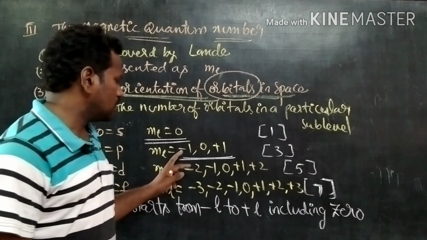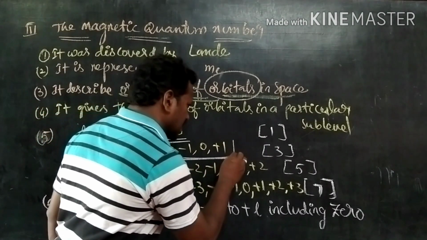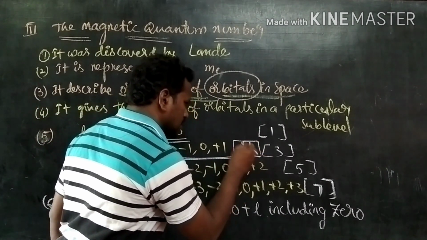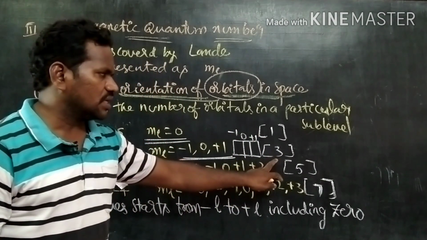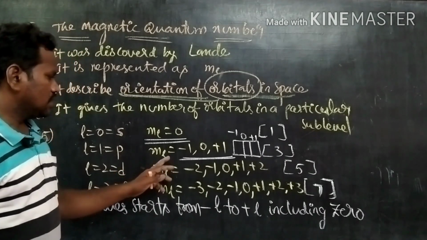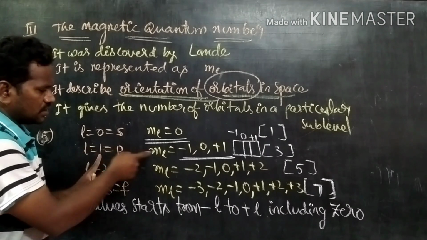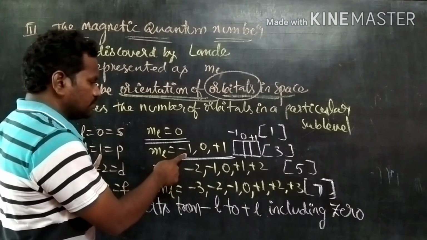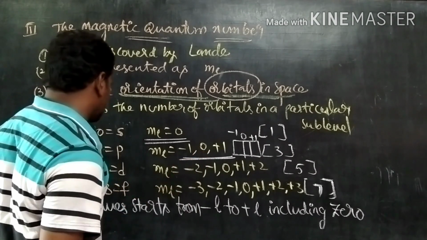Those values are -1, 0, +1. We can represent the P like this: -1, 0, +1. What is the total number of orbitals? 3. How to remember this? If L equals 1, it starts at -1 and ends at +1, including 0.